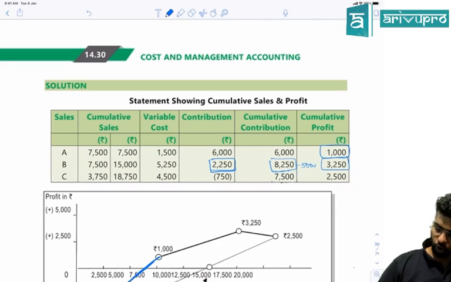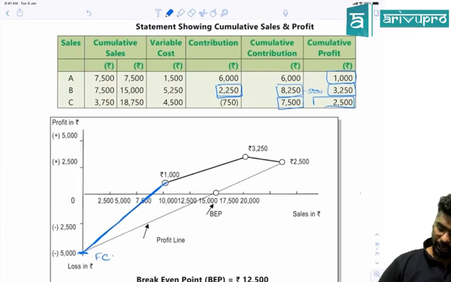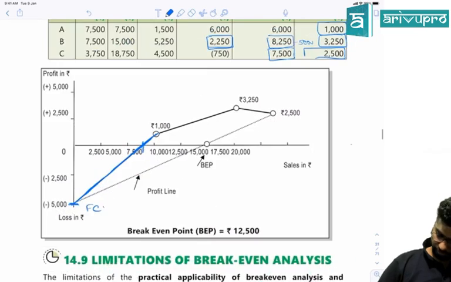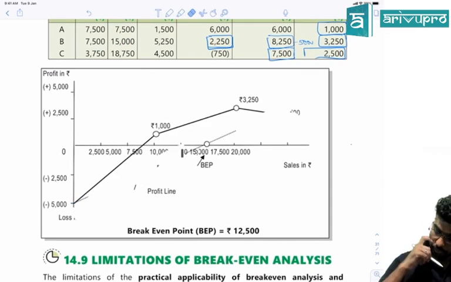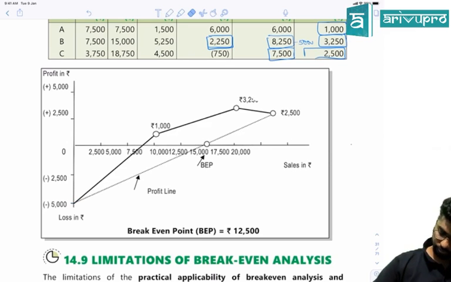So when I draw a line, I know that, see here, I start drawing my line in this manner.